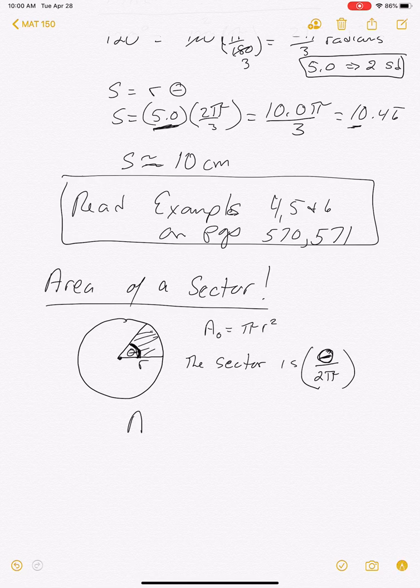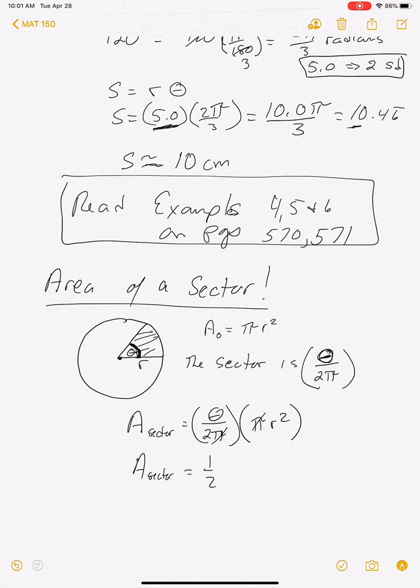So the area of a sector is equal to theta over 2 pi times pi r squared. Well, we see that the pi cancels. So the area of the sector is equal to 1/2, 2's on the bottom, theta r squared, or 1/2 r squared theta.